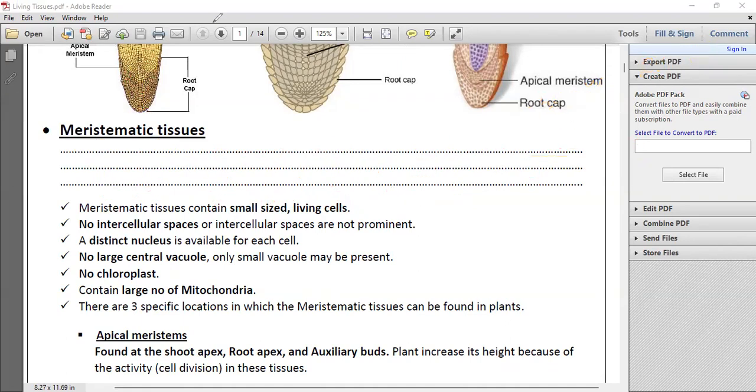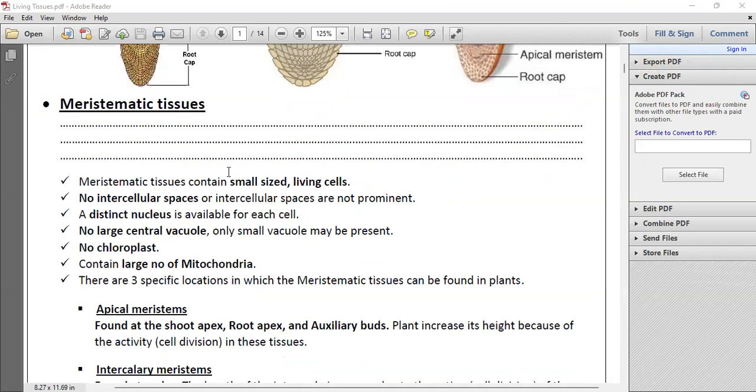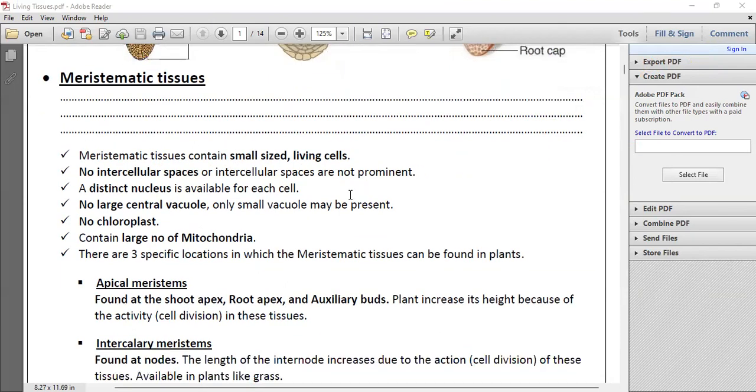Then we're going to talk about a few characteristics of these cells. Meristematic tissues contain small-sized living cells. Why do we talk about these cells as living cells? So far, when we were talking about tissues, we have spoken about tissues which contain living cells. But in plants, we find some tissues which are made from dead cells.